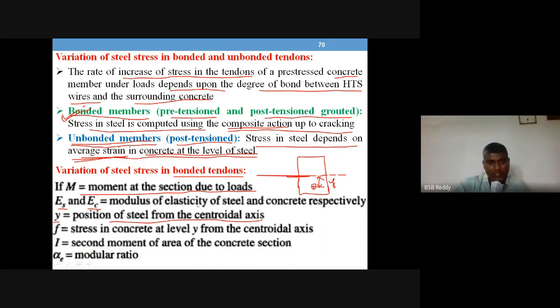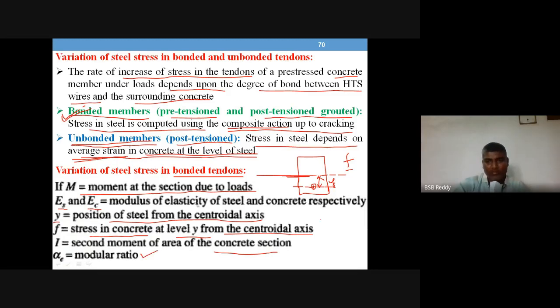F is the stress in concrete at the level Y from the centroidal axis, means at the level of steel. So at this level, what is the stress value in concrete? That is F. I is the second moment of area or moment of inertia of the section given, and alpha is the modular ratio.